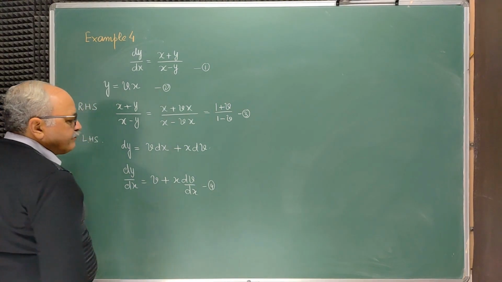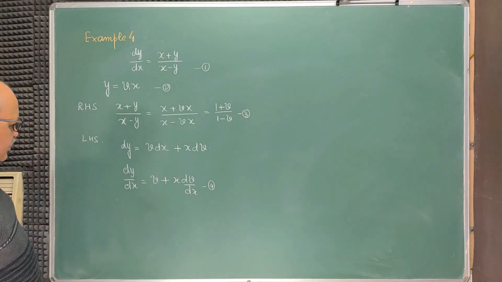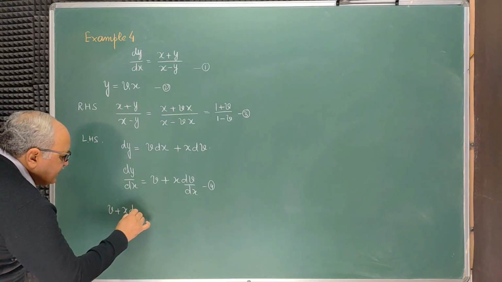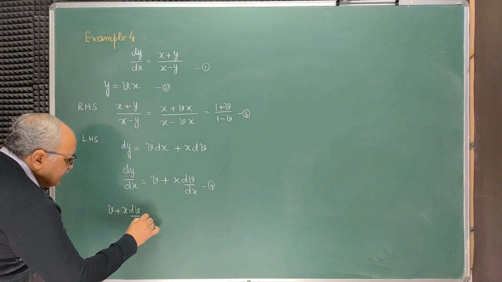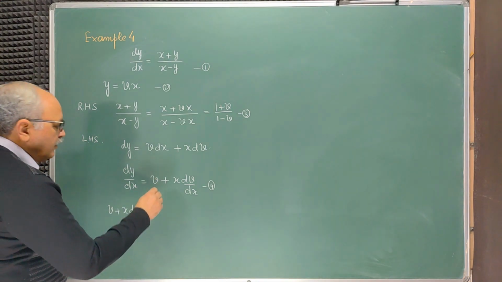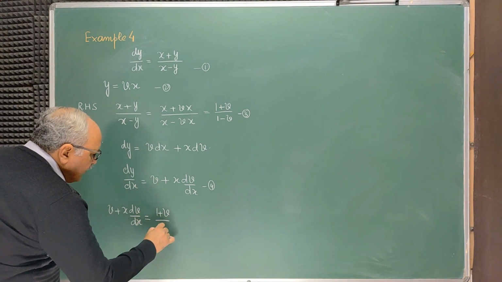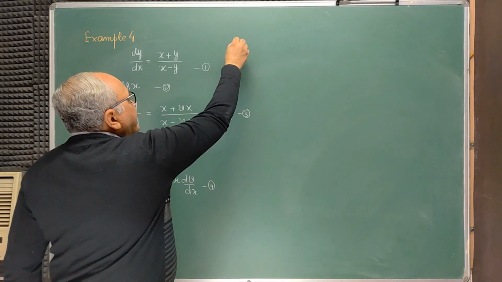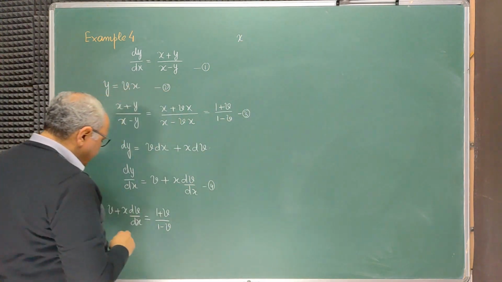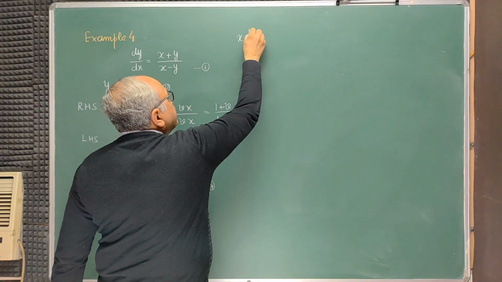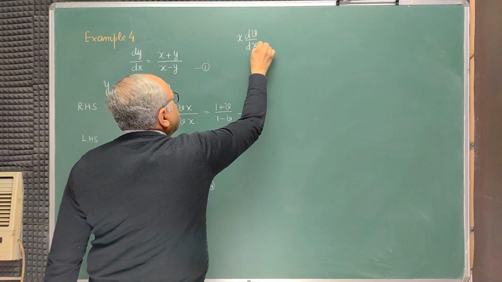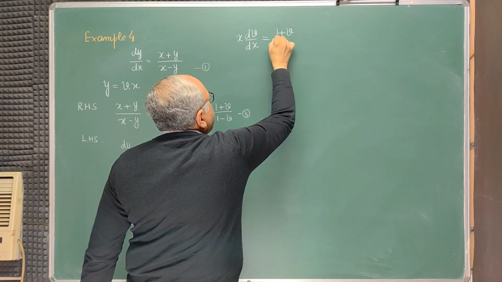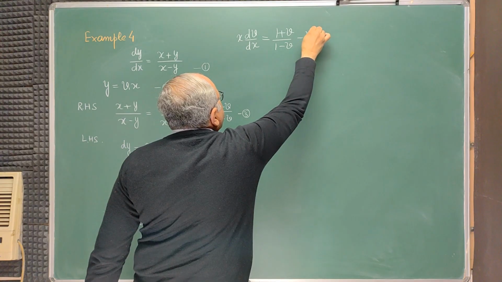Equation number 4. So now combining equations 3 and 4, we have v plus x dv by dx equals 1 plus v over 1 minus v, and that gives us x dv by dx equals 1 plus v over 1 minus v, minus v.